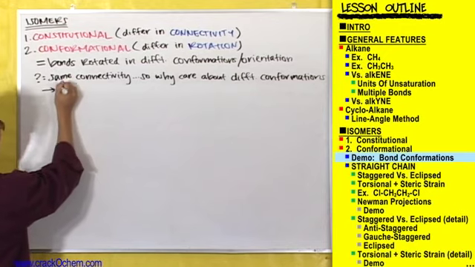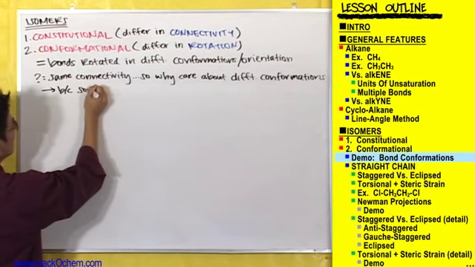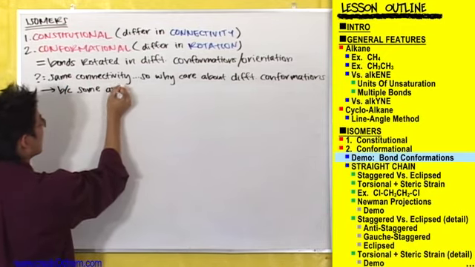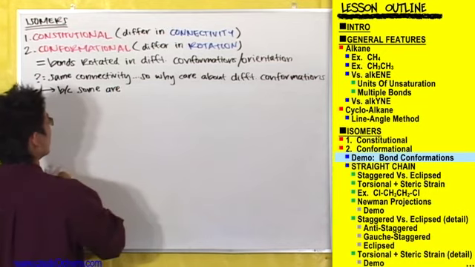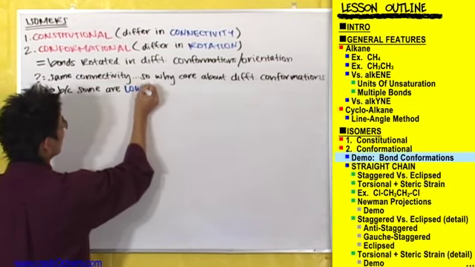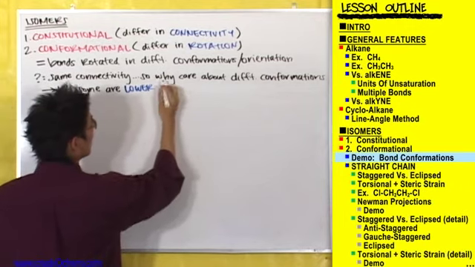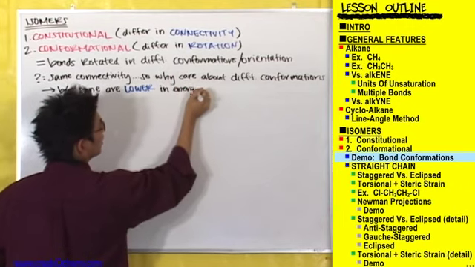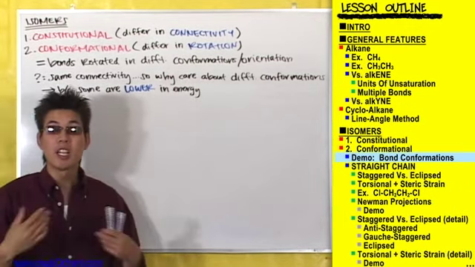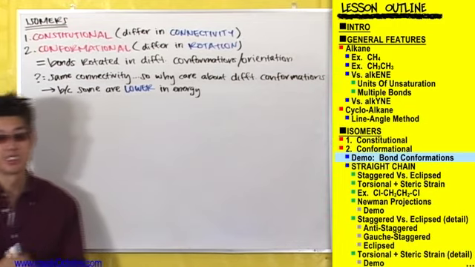It's because some conformations are lower in energy than other conformations.